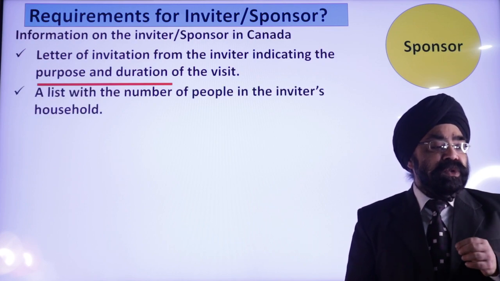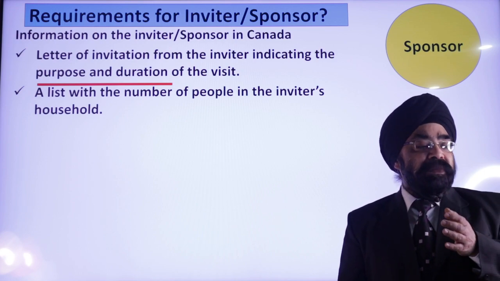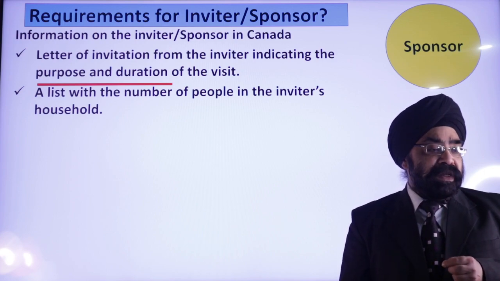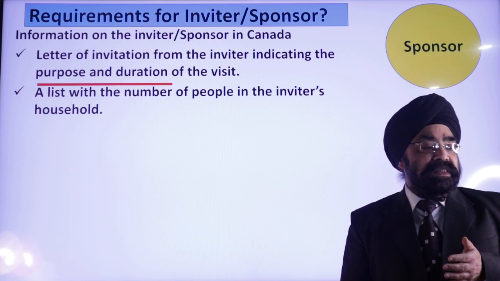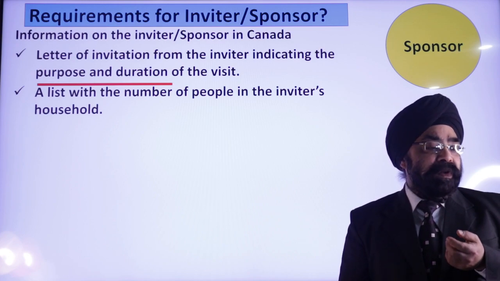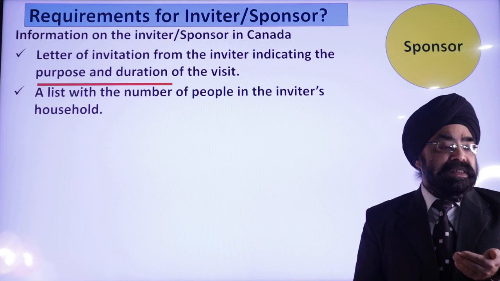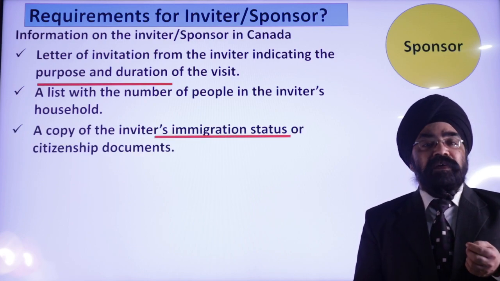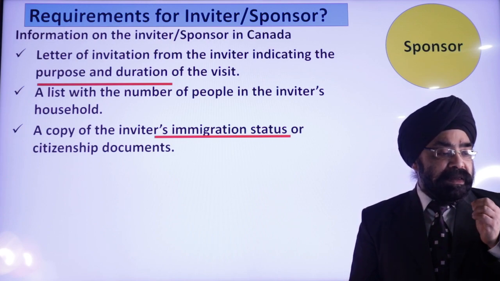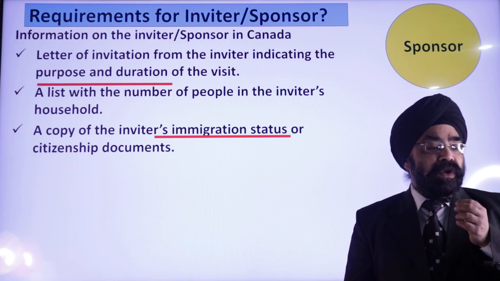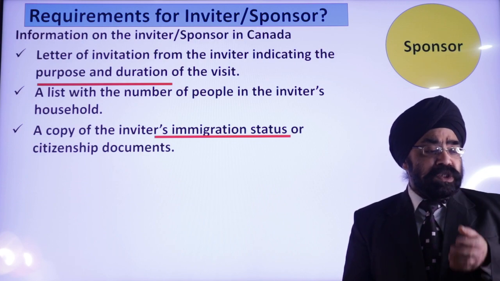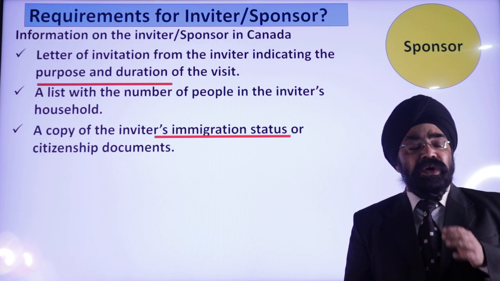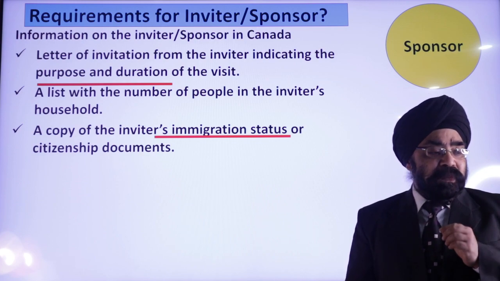And then you also need to show a copy of the immigration status of the inviter. What is his status? Is he a student? Is he on a work permit? Or is he a PR card holder or a citizen? So immigration status, proof of income of the sponsor, employment letters, pay stubs, notice of assessment, bank statements, all of these need to be furnished by the sponsor.